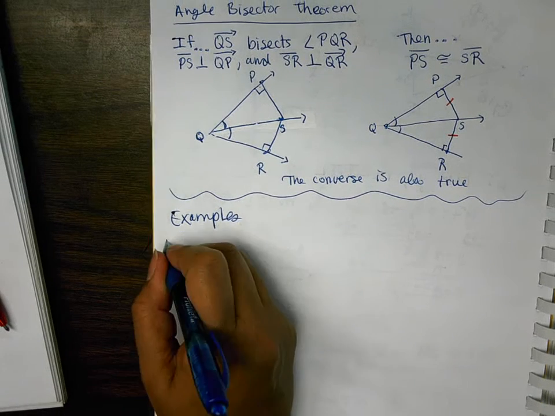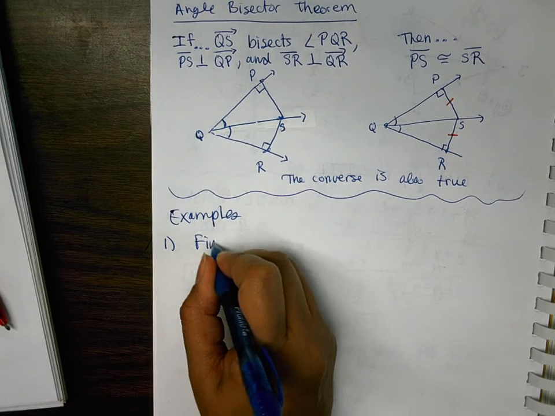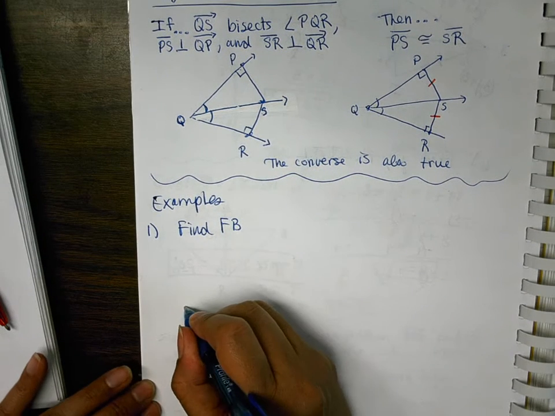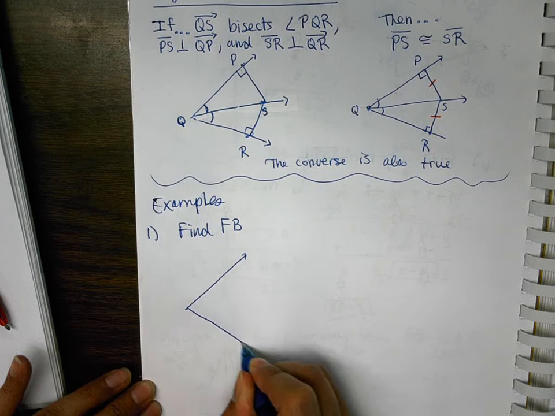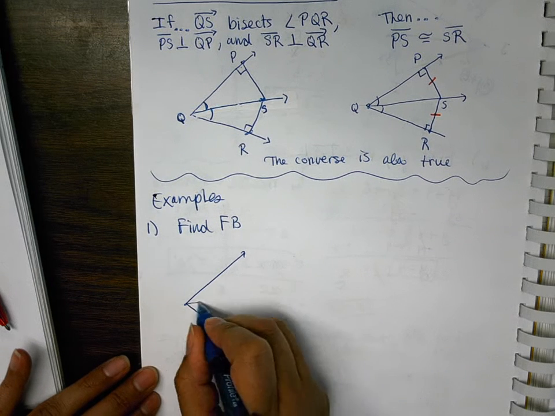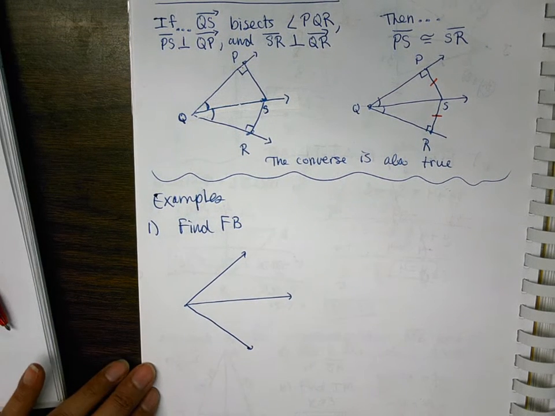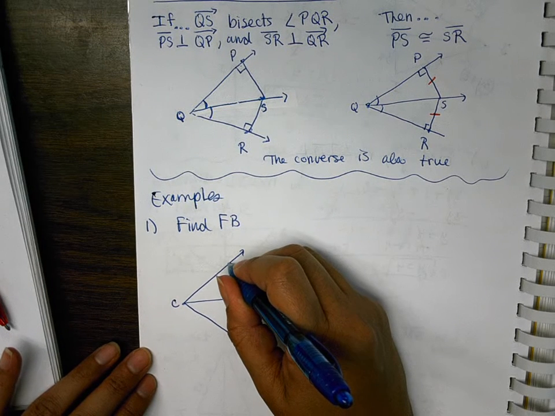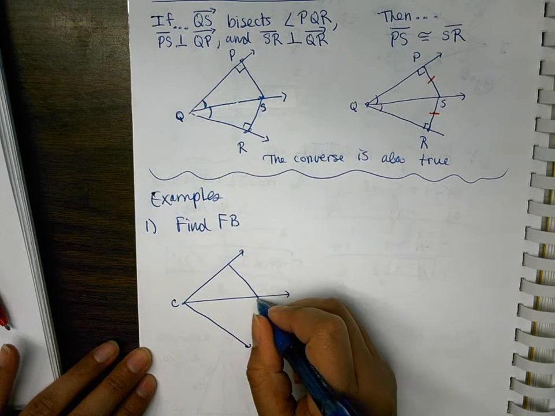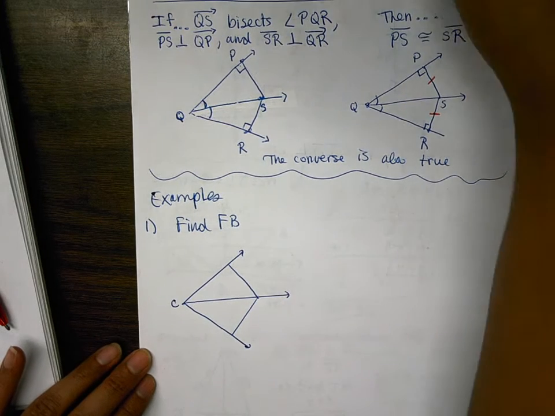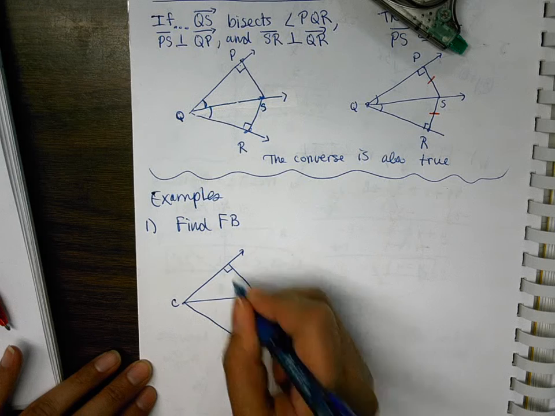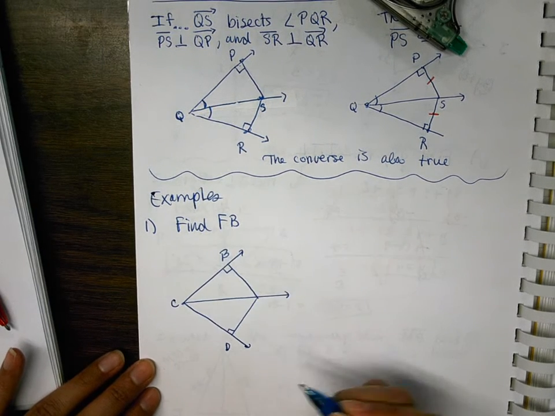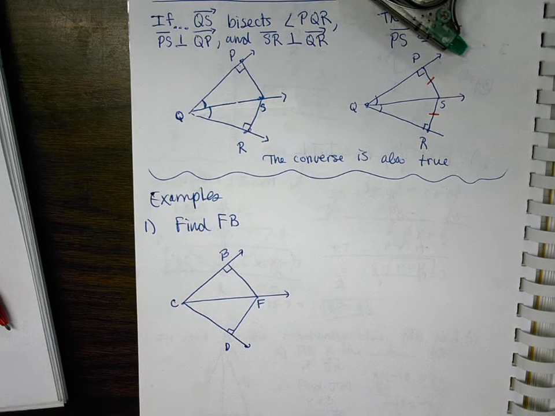All right, number 1, find FB. All right, this would be called C. I'm going to put a B here, a D here, and an F there.